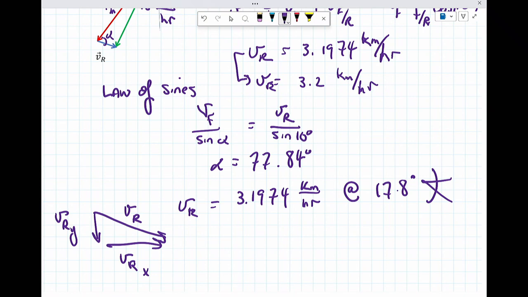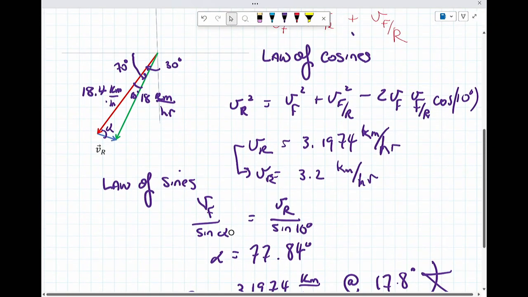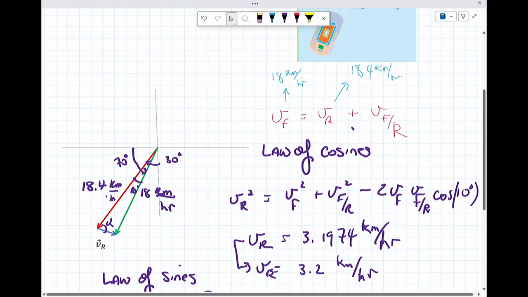Go ahead. Can you explain the logic of how you got the directions and the velocity arrow of the river compared to the instruments in the ferry? So I was given the velocity of the ferry, and I'm given the velocity of the ferry with respect to the river. They said the instruments on board, that's with respect to. That's right. So I'm measuring from a ground station, and I'm measuring from the ferry itself.